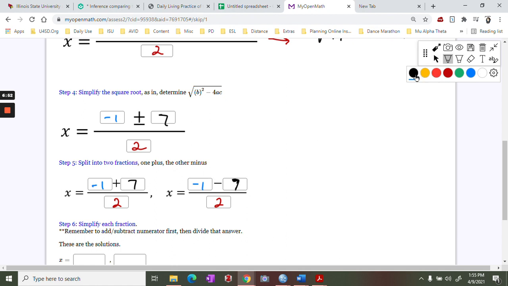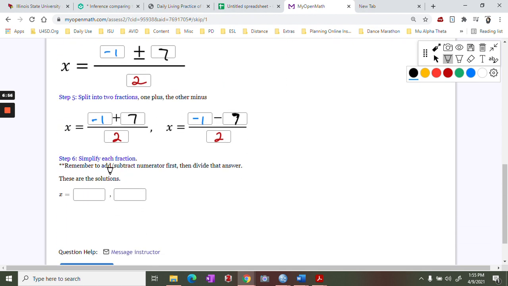Okay? And then we're going to simplify each fraction. Option 1 is -1 plus 7 divided by 2. And then we have option 2, which is -1 minus 7 divided by 2.